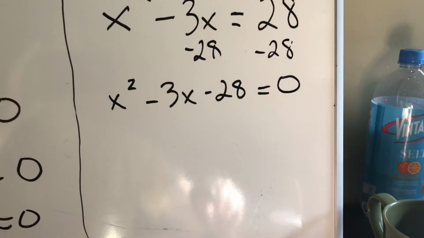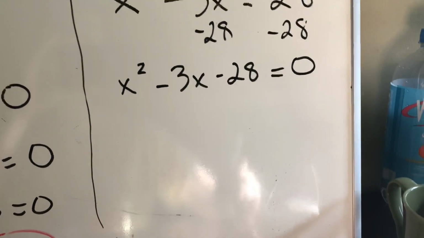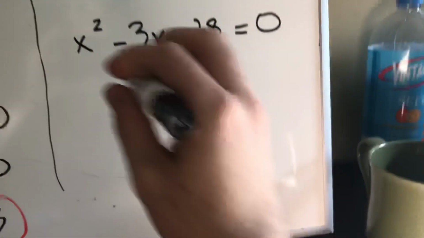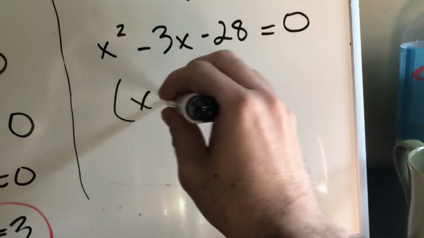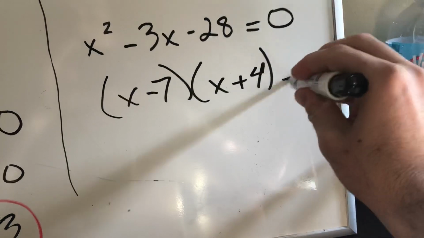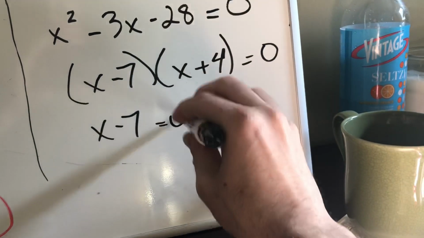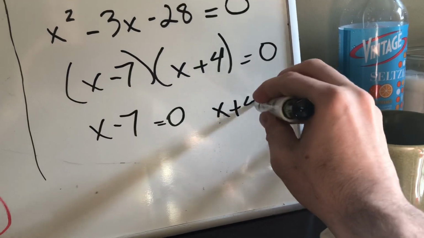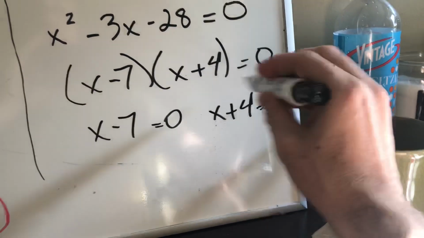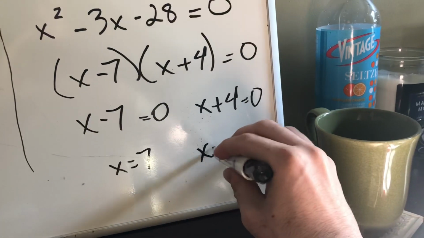Factors of negative 28 that sum to negative 3. I'm thinking 7 and 4. The 7 is a negative. Add 7 on both sides. Subtract 4 from both sides.